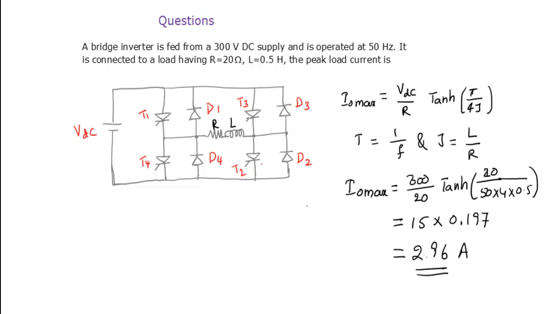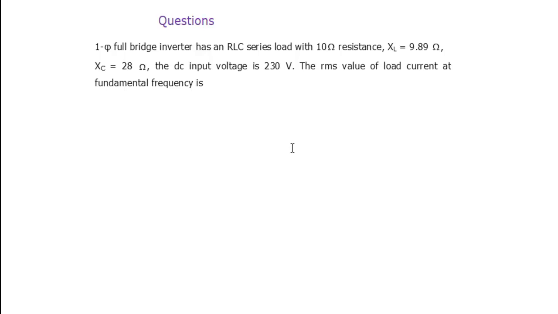Then move on to question number 2. A single phase full bridge inverter has an RLC series load with a 10 ohm resistance, XL, that is omega L, 9.89 ohm, and XC, that is 1 by omega C, 28 ohm. The DC input is 230 volts. The RMS value of the load current at the fundamental frequency is?